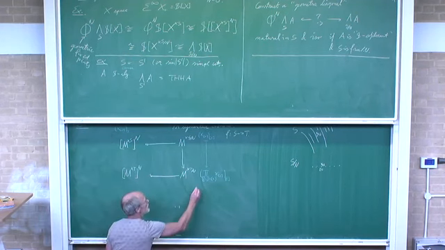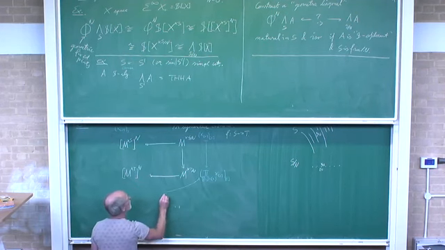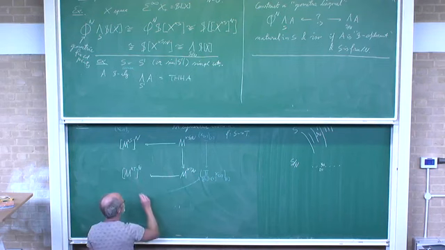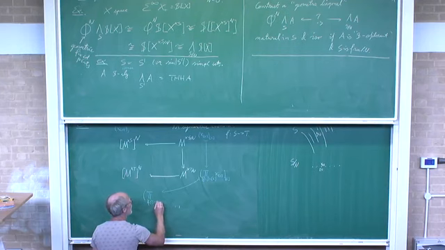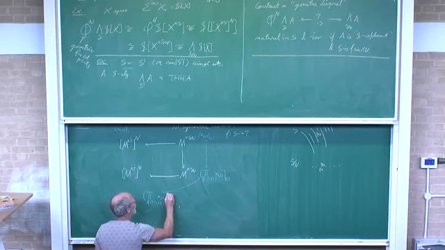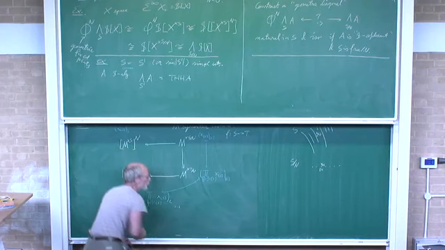And that then is sent to, well, it's the same formula. I take the element I do have, and I smear it over the orbit.